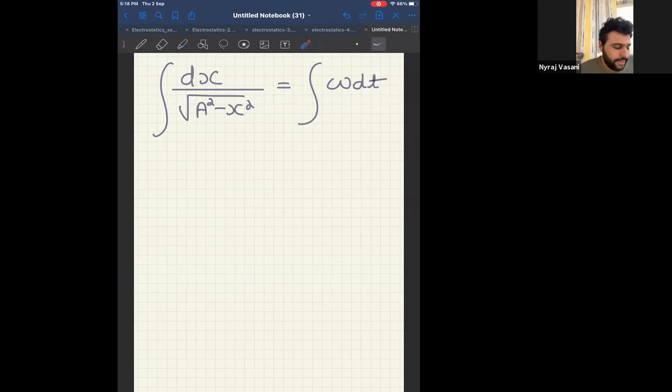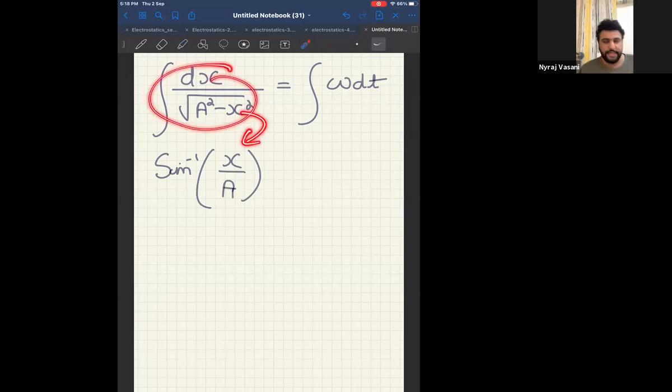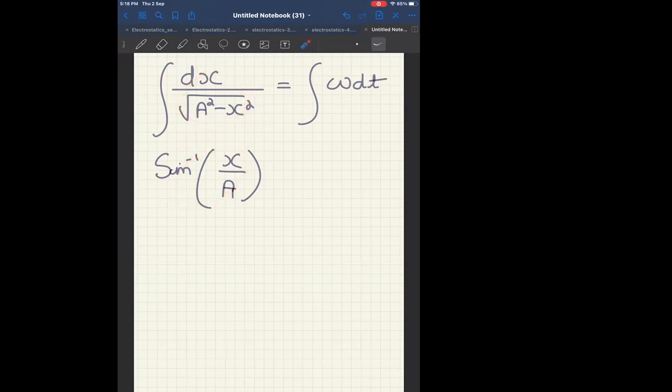Integration of 1 by root of a square minus x square dx, there is a direct formula, sine inverse x by a. You will learn it in 12th standard also. Derivation also is there in your 12th. And do you have a logbook with you? In the logbook, on the last page, this formula is also given directly.